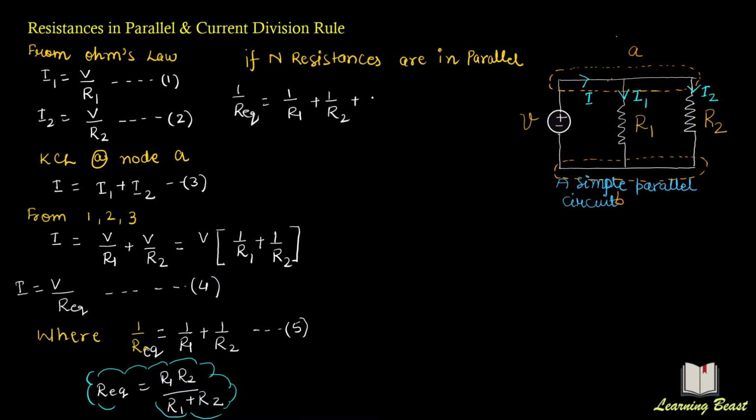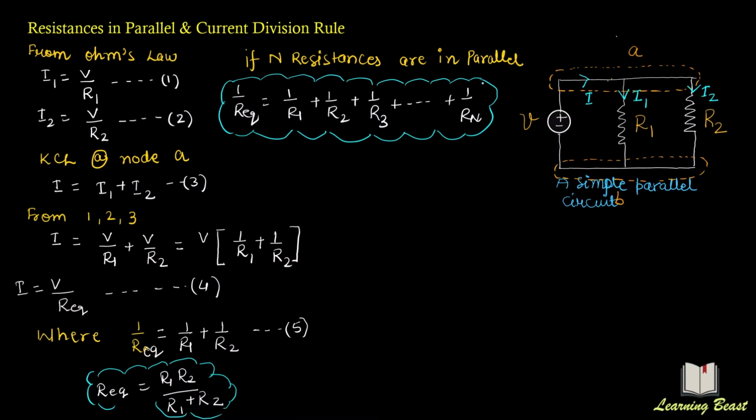So 1 by R1 plus 1 by R2 plus 1 by R3 till the nth resistance. This will be your general formula for the equivalent resistance in case of a parallel circuit, where Rn is representing the nth resistance.